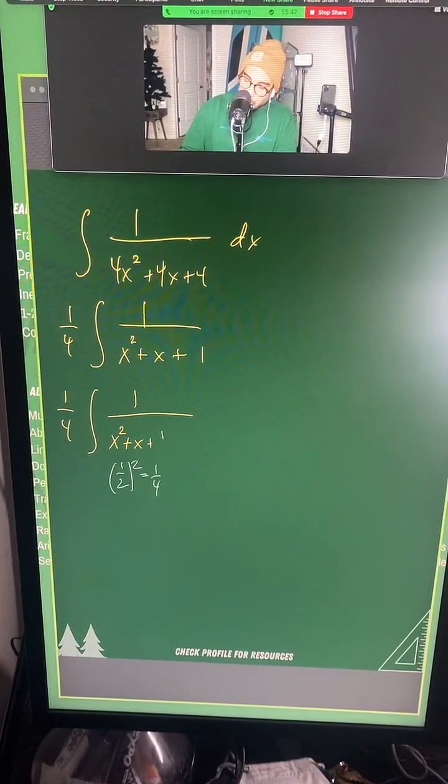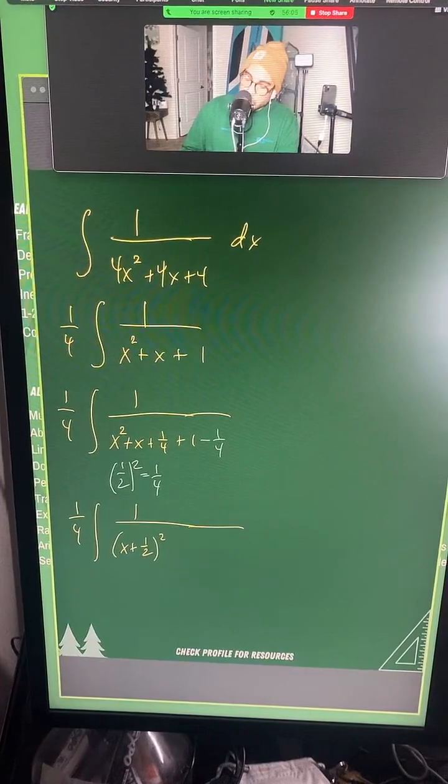So I put a plus 1/4 there. We still have the plus 1. But because I introduced the 1/4, I'm going to have to subtract the 1/4 from the bottom. All right, so let's see what this turns to. I have 1 over x plus 1/2 squared plus 3/4.